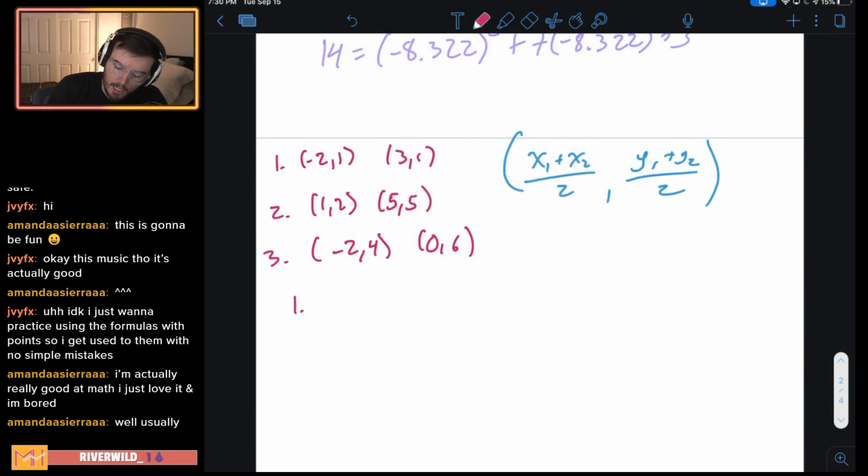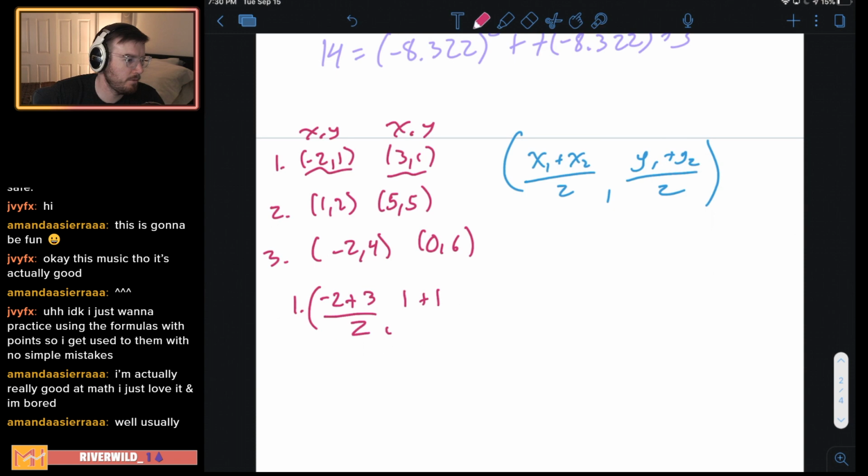Number 1, when I look at these two coordinates, this is an x, y coordinate, x, y coordinate. So add the x's, divide by 2, comma, add the y's.